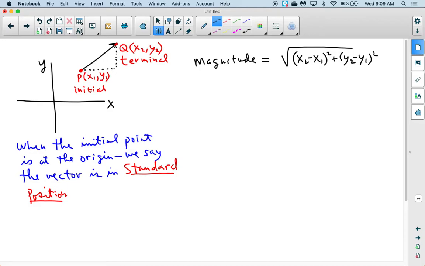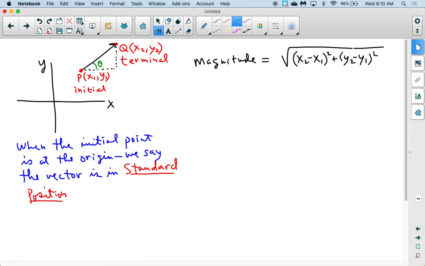All right, so the magnitude of the vector would be determined that way. Well, that's kind of a pain. How would we find out this direction? Let's talk about this direction here. I'll call it theta.